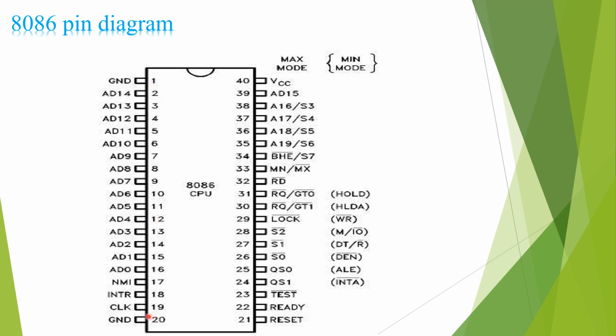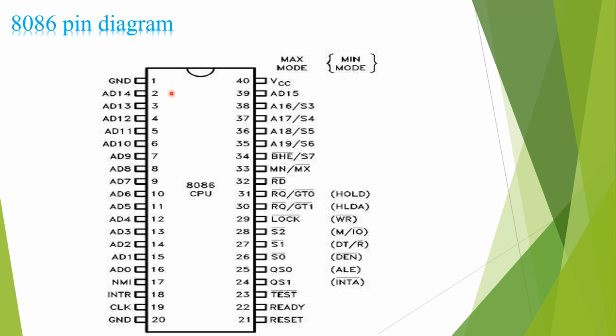After that, the clock related signal. Pin number 19, CLK, is the clock signal. After that, the address and data bus. AD0 to AD15 means pin number 16 to pin number 2.